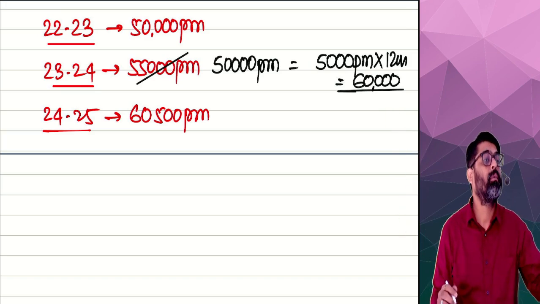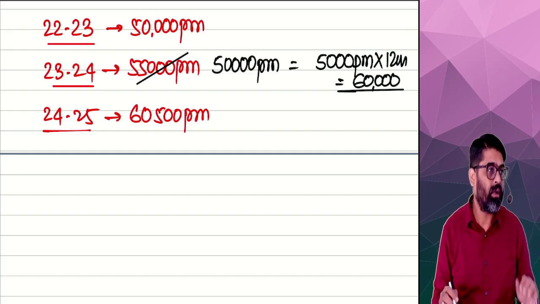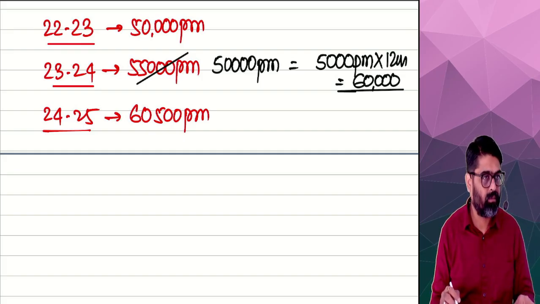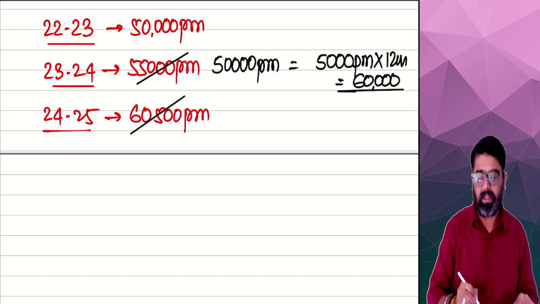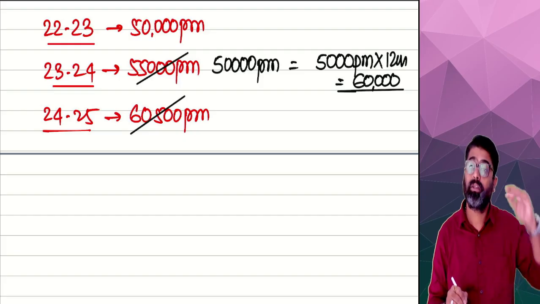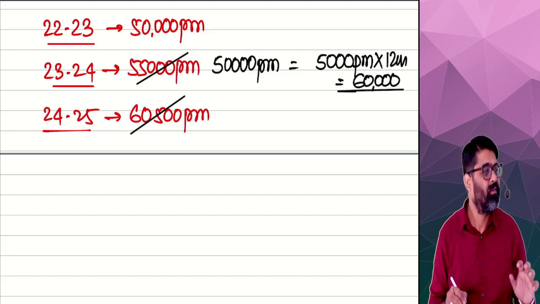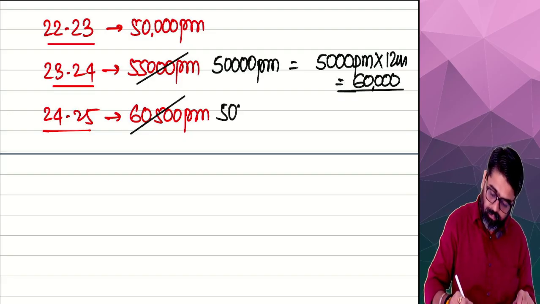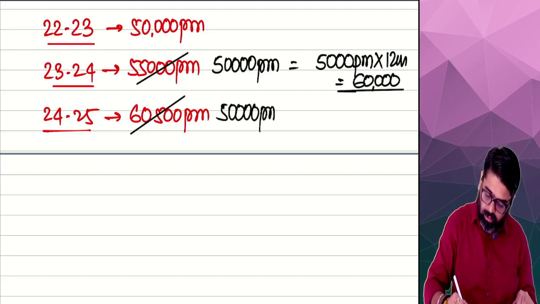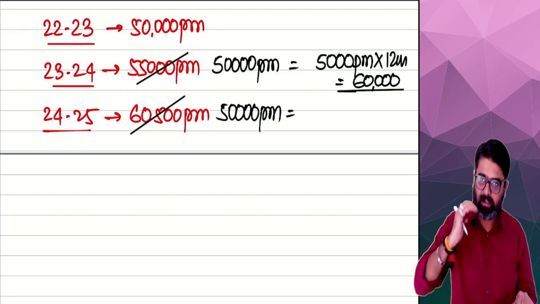And this year I am supposed to increase your salary to 60,500 per month. This year also I made the same request that please take the original salary, 50,000. Don't ask for an increment. So this year also I gave you 50,000 per month. So how much less amount you got?